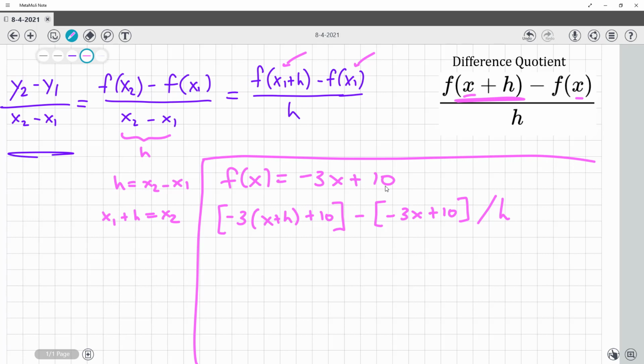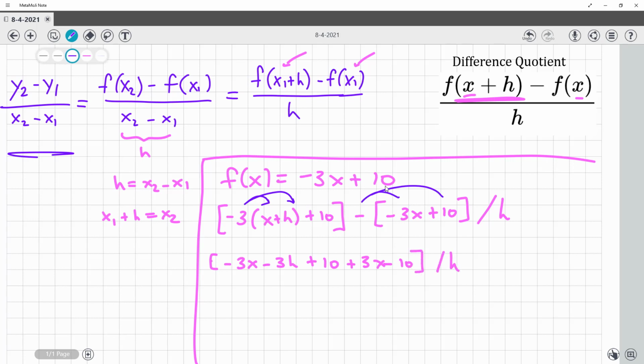From here now, I can go through and first distribute. So I'm going to have negative 3x minus 3h plus 10. Might as well go ahead and distribute this negative here. So a negative and a negative is plus 3x, and then minus 10 all over h.